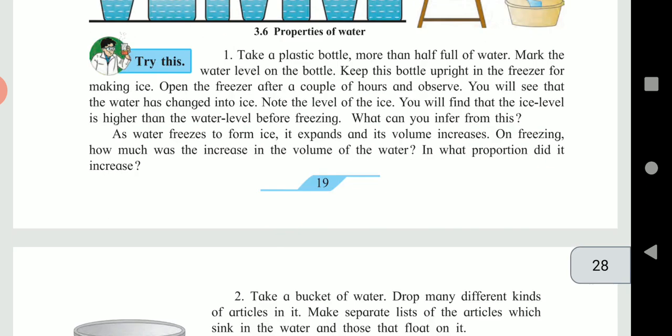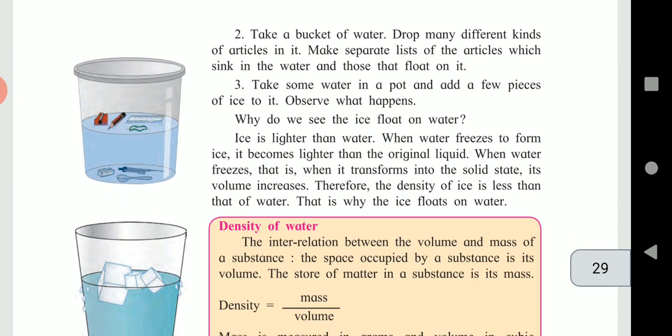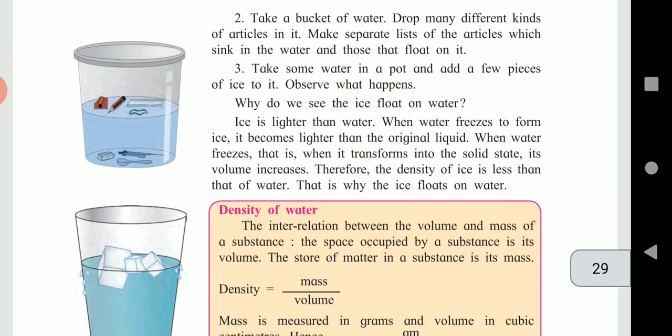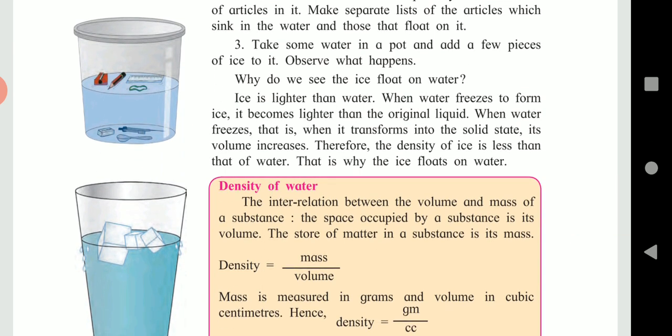Now see the second activity. Take a bucket of water and drop many different kinds of articles in it. Make separate lists of the articles which sink in the water and those that float on it. Observe figure 3.7, which shows articles floating on water and articles sinking in water. Articles like a plastic scale, rubber, pencil, and sharpener float on water.